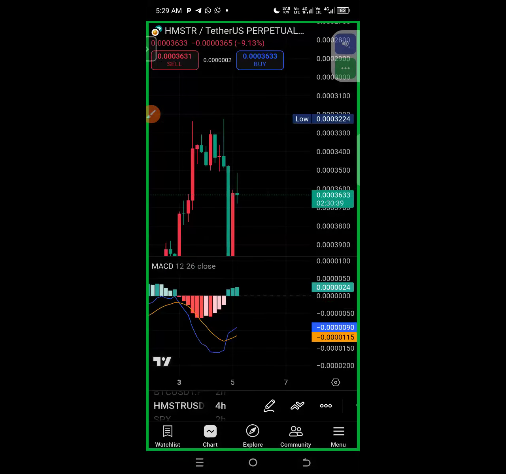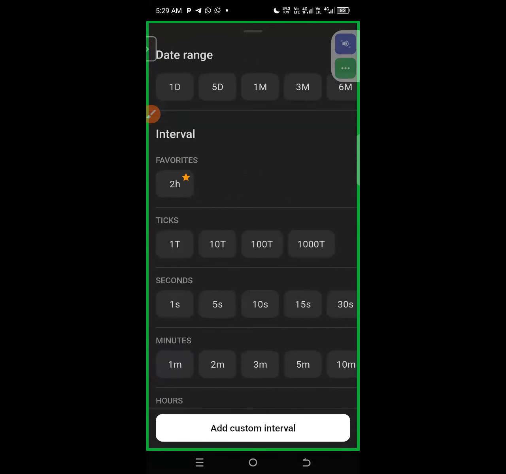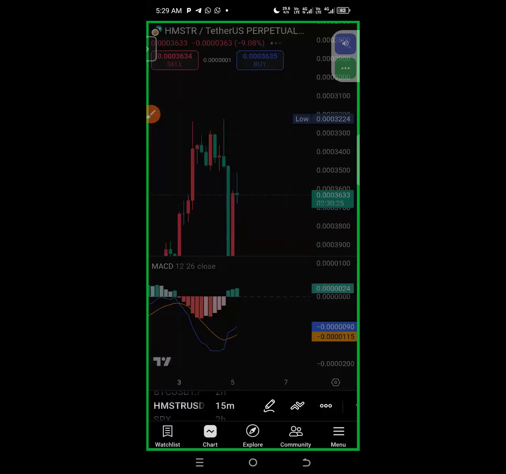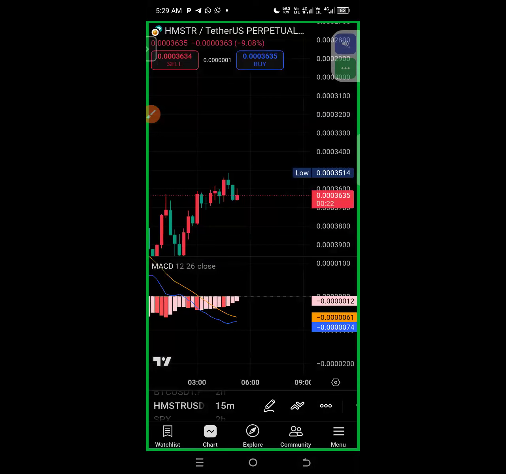So on the higher time frame, it is bullish. The crossover is about to happen. Let's wait. So for now, we need to wait before we think of making any entries here.